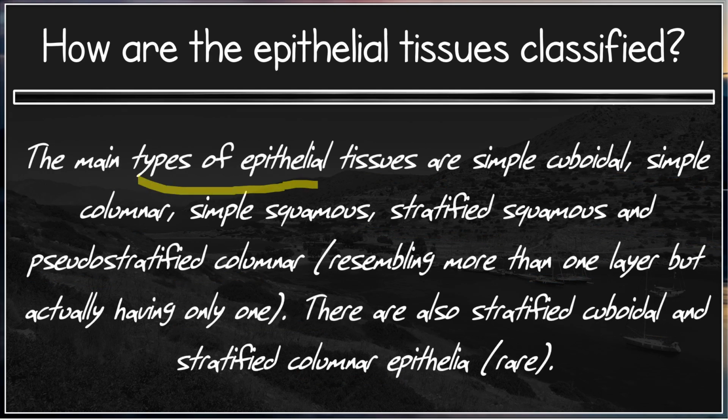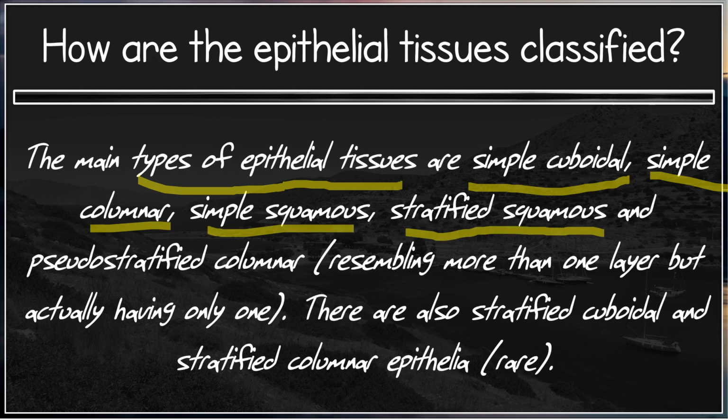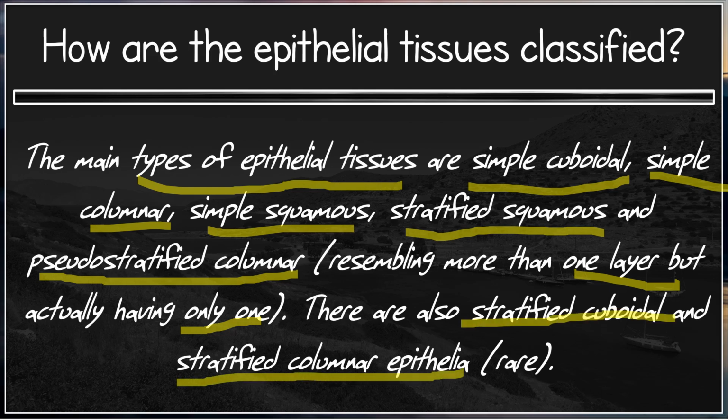The main types of epithelial tissue are simple cuboidal, simple columnar, simple squamous, stratified squamous, and pseudostratified columnar, resembling more than one layer but actually having only one. There are also stratified cuboidal and stratified columnar epithelia, but they are rare.